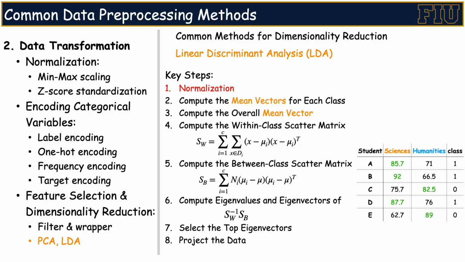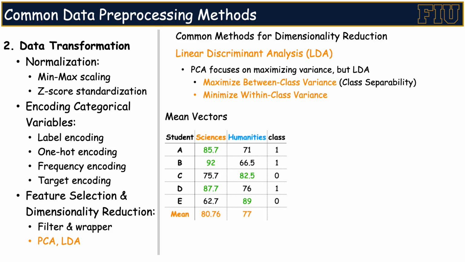A mean vector is essentially the average of all the feature values for the data points in a specific class. It represents the center of that class's distribution in our feature space. Later, these mean vectors help us measure how far apart the classes are, which is key for maximizing the separation between them.